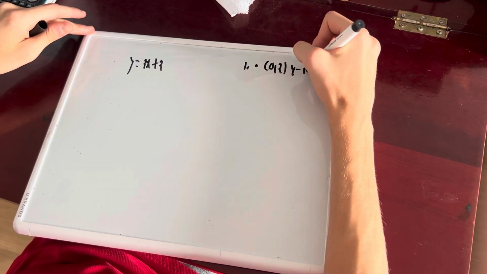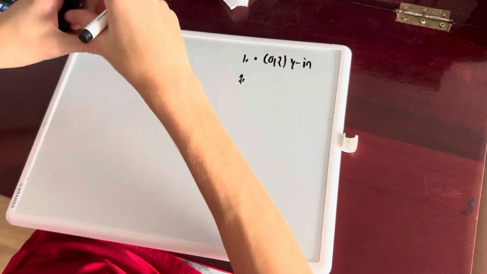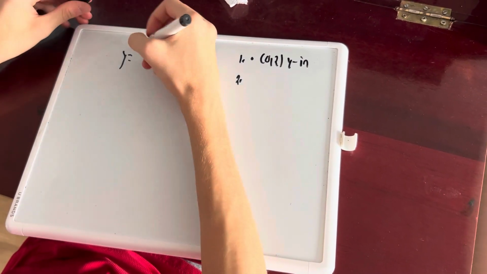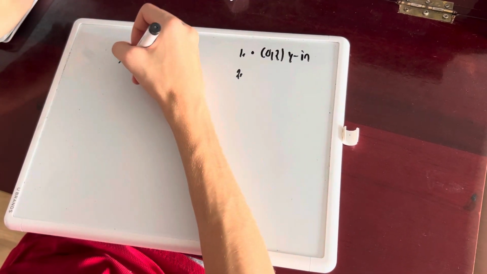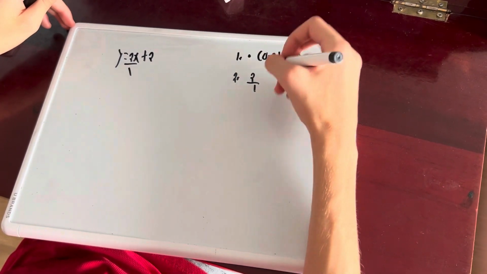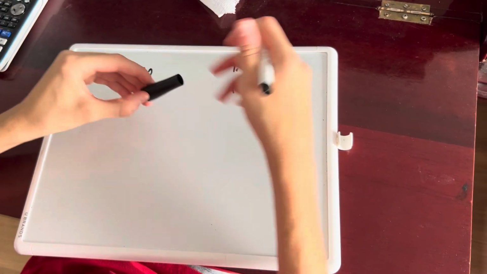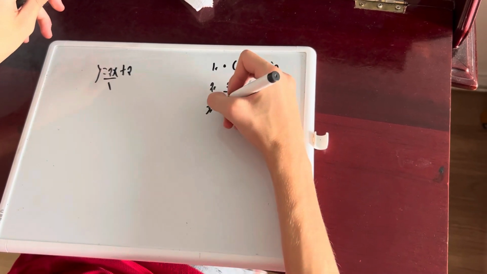Second thing we need to look at is the slope. Well, we have it. This is a 2, by the way. Let me make this more visible. So our slope is 2 over 1, or just 2, depending on how well your algebraic skills are. And the third thing we need to do is connect points.